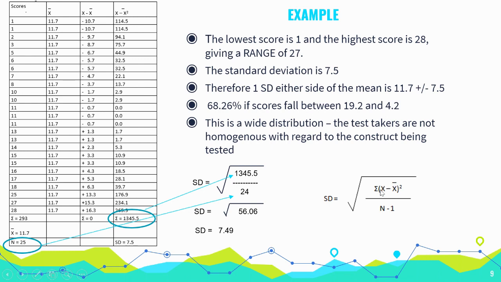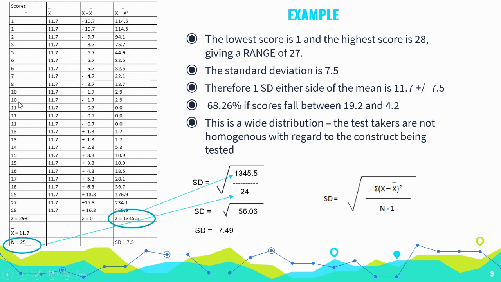So x minus x bar means the score minus the mean. So 1 minus 11.7 is minus 10.7. And that tells us that this is 10.7 scores, or units of measurement, below the mean. Easy, isn't it?